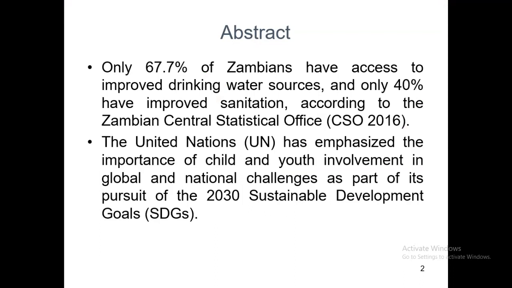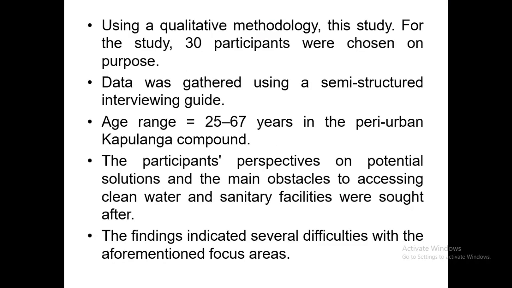And to top it up, according to Zambia Census Statistics CSO 2016, the United Nations has emphasized the importance of child and youth involvement in global and national challenges as part of its pursuit of the 2030 Sustainable Development Goals. Using a qualitative approach, 30 participants were chosen purposively.